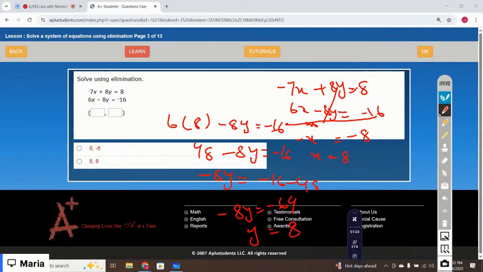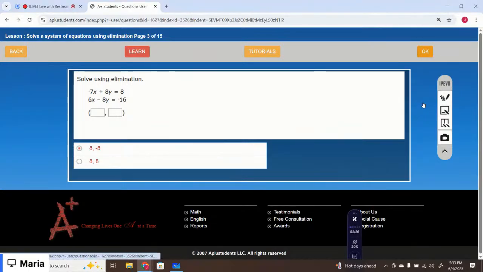So y equals 8. Option number 1 is not an option.